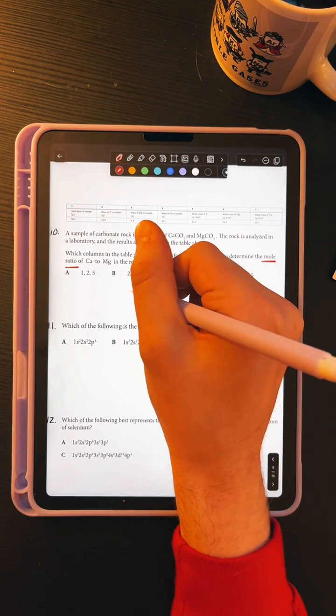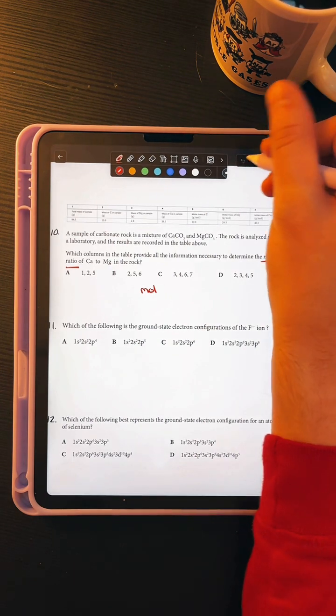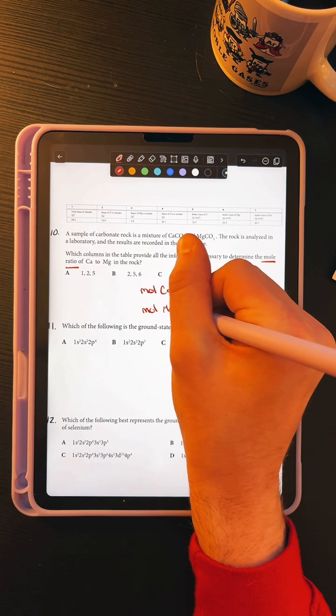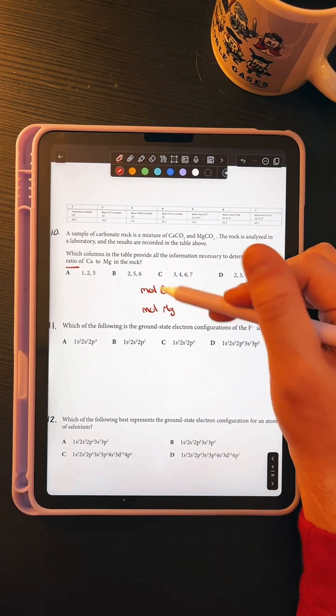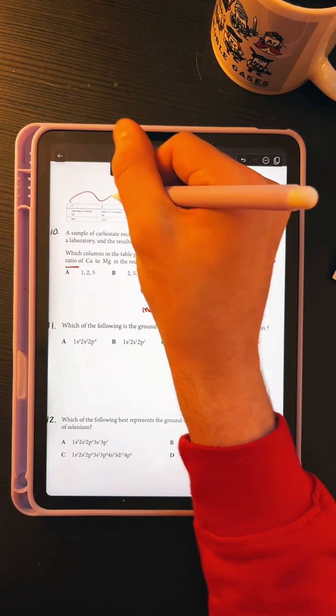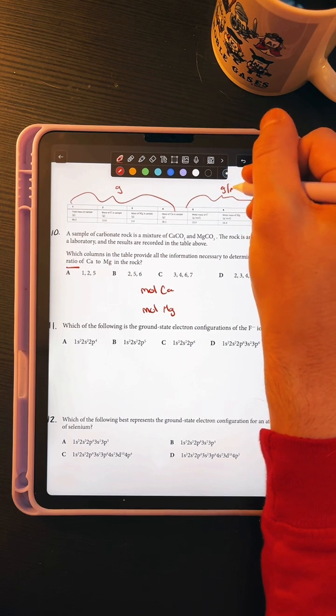Well, first we need the number of moles of calcium and we need moles of magnesium. But in order to solve for moles, we're not given moles up top. We're given values in grams, and then we're given values in grams per mole.